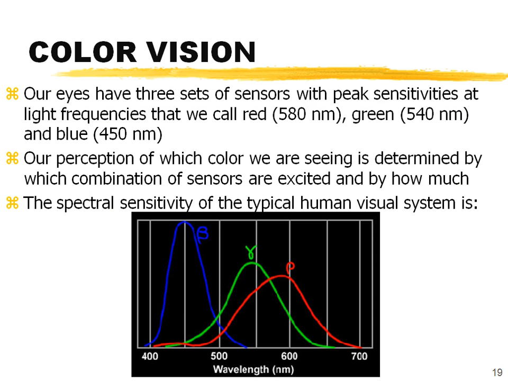Now, in general, each of the cones that we have does have a peak sensitivity at a particular wavelength. It turns out for the red, it's 580 nanometers, for green, it's 540, and for blue, it's 450 nanometers. That's when we have the highest sensitivity. Everything outside of that, it decreases.